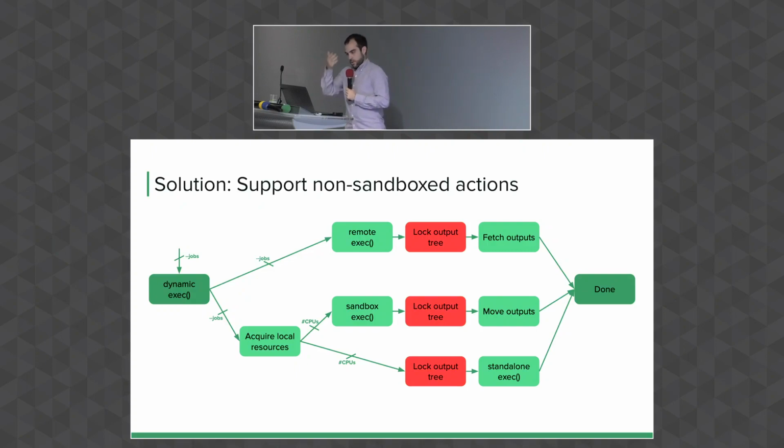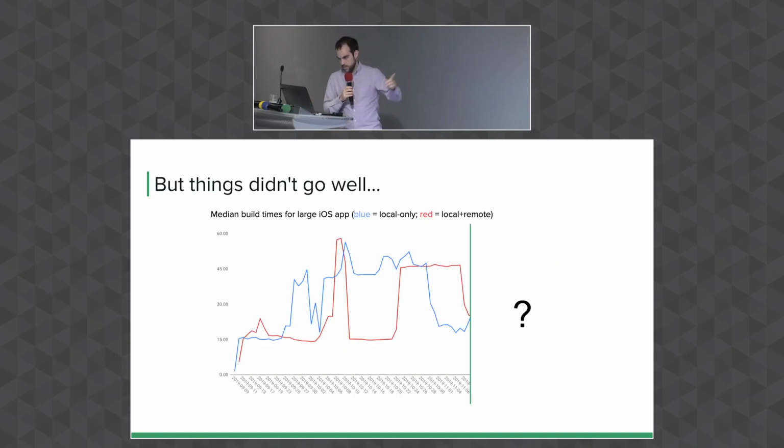Now the problem is we rolled this out to some teams and we got this. These are median build times measured from the users' laptops for one specific iOS app. Blue is the local-only build times, and red are the dynamic build times. Based on what I have explained until now, you would expect dynamic builds to always be better than local builds, right?